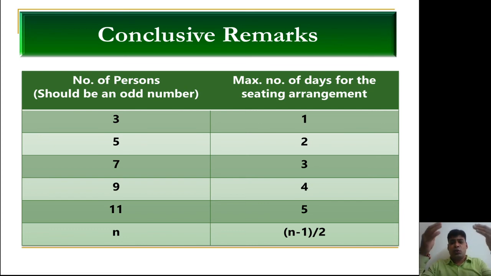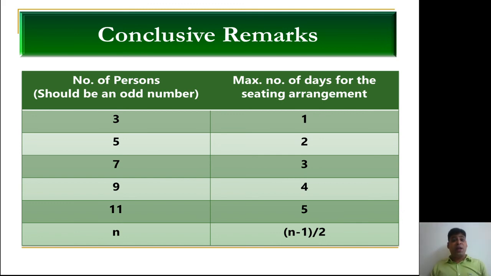So using this sequence and just by observation, when the number of persons is n, any finite number, then the maximum number of days for the sitting arrangement is n minus 1 by 2, and that is the number of edge disjoint Hamiltonian circuits.